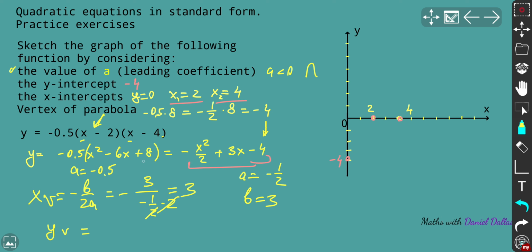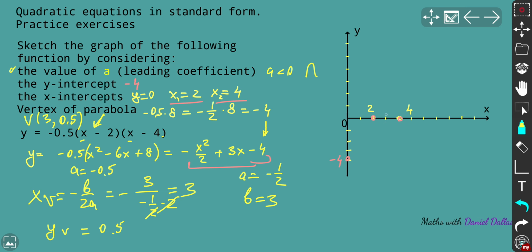So we've got negative 0.5 finally. You can check using the calculator. We'll just plug in x equals 3, and we'll get the result finally. So the vertex coordinates are 3 and 0.5.